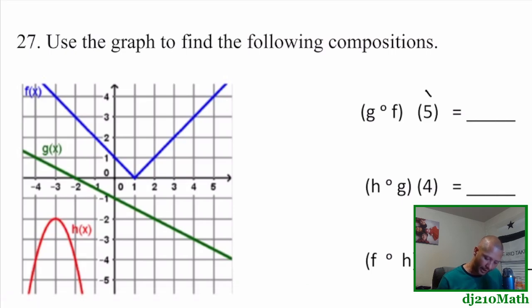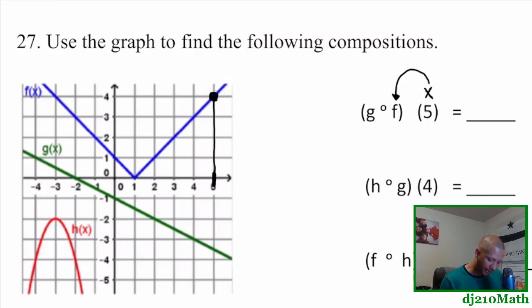We're going to let x equal 5. There it is, I drew it out. Now, notice there's three graphs, f, g, and h. Which one do we go towards? Well, we go towards f, because we move from right to left.